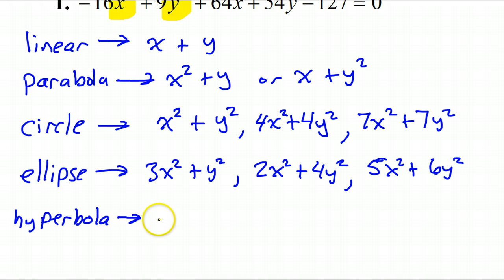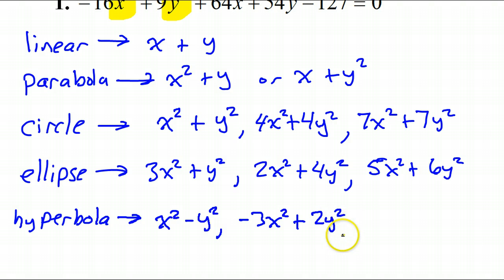So say if I had x squared minus y squared, boom, that's a hyperbola because one of them's negative. Or if I had negative 3x squared plus 2y squared. If one of them is negative and one of them is positive, it's a hyperbola. It doesn't matter if they're the same or different.